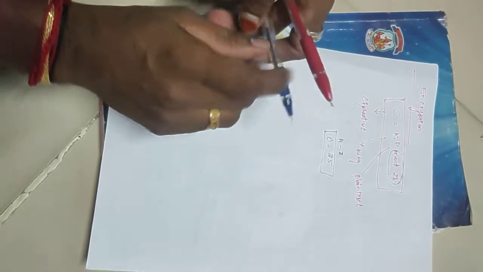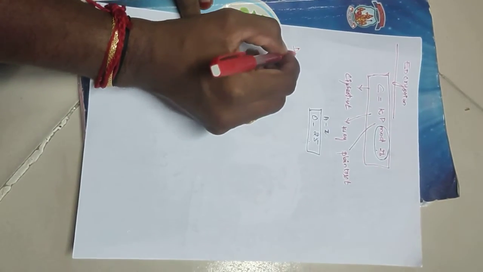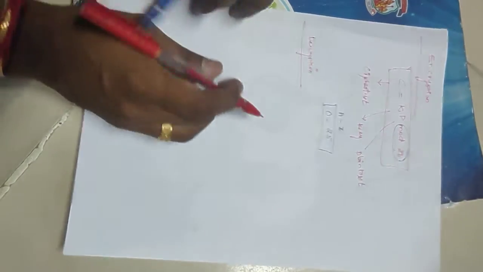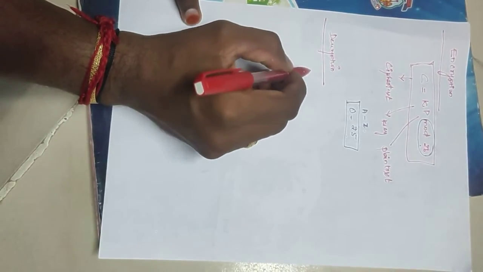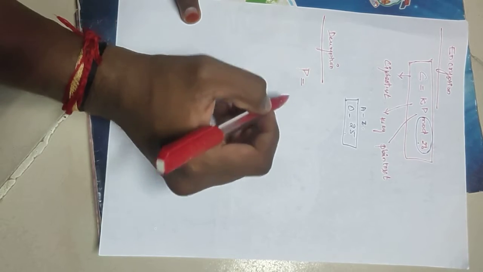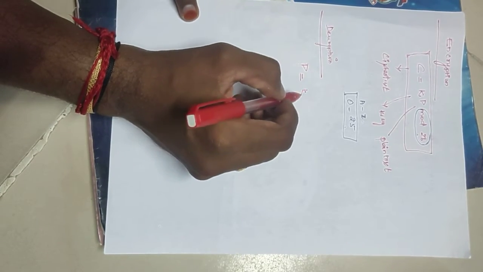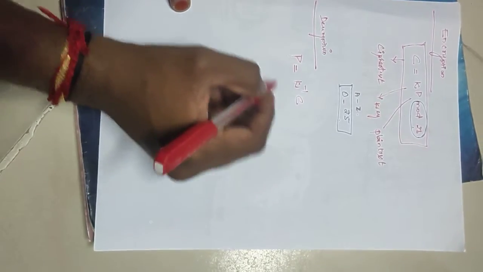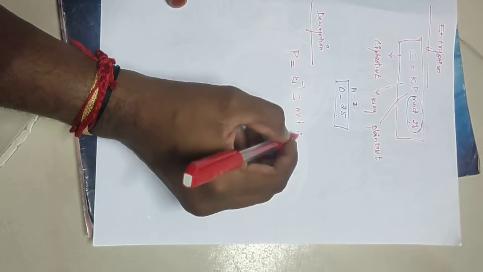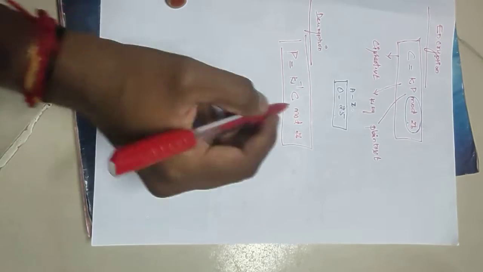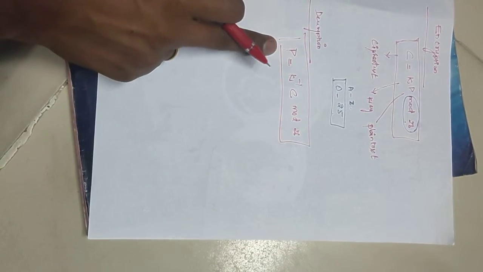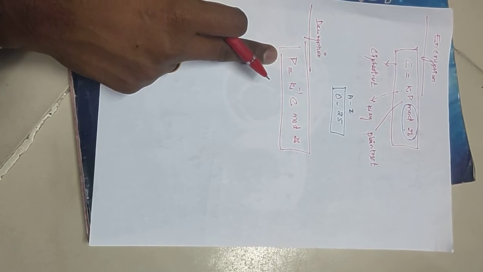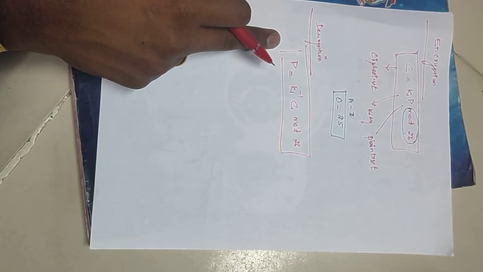Then comes the decryption function. The output should be the plain text, which equals K inverse of the given key times the cipher text, mod 26. This is the formula to get back our original plain text in decryption.